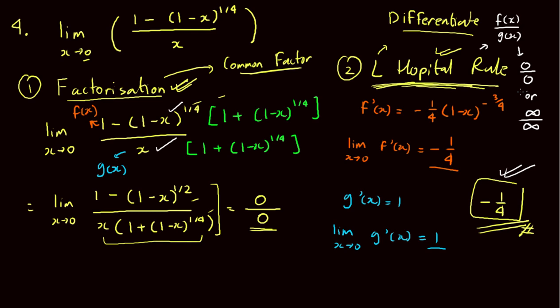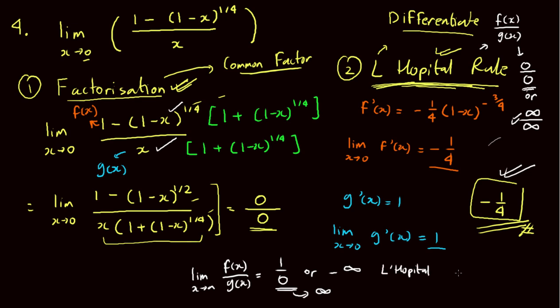If it gives you any other output, for example, if the limit of the function as x approaches a, f(x) over g(x), gives you 1 over 0 or negative infinity, so 1 over 0 is clearly infinity, it's not infinity over infinity, therefore L'Hopital rule is not applicable.